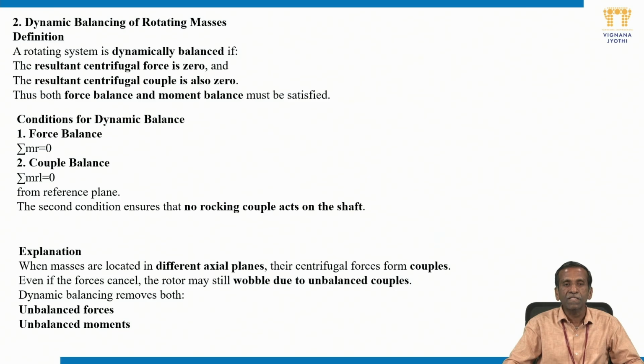If there is any unbalanced force or couple, then we need to add additional mass. Depending on the balancing requirement, force or couple, we need to look into the planes in which the mass needs to be added, with the corresponding radius of rotation.